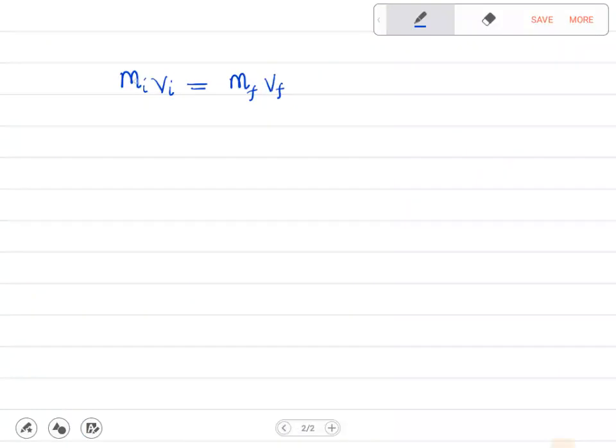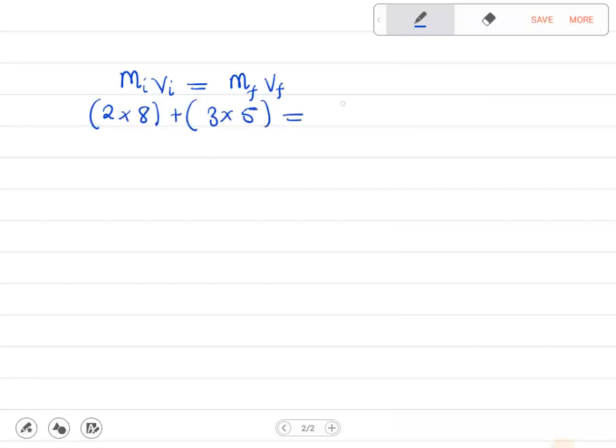Now under mass initial and velocity initial, remember we have two masses: the 3 kg object and the 2 kg object. So here we have 2 kg multiplied by 8, this is our first momentum, plus another one, 3 multiplied by 5. So this is our initial momentum before collision.